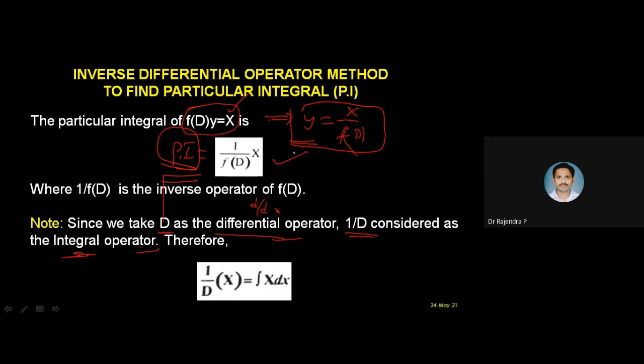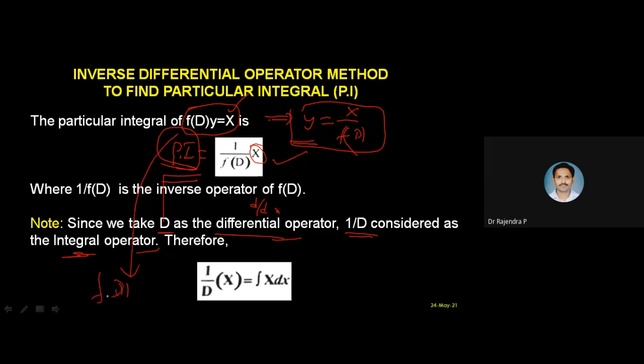So if it is in that form, again, based on your x, what type of function exists there? It may be an exponential function, some algebraic function, some trigonometric function, or a combination of all those. So based on that, we are going to apply our methods to solve this particular integral, right? So what I discussed here, first one is very common.